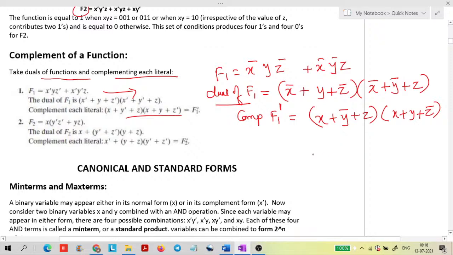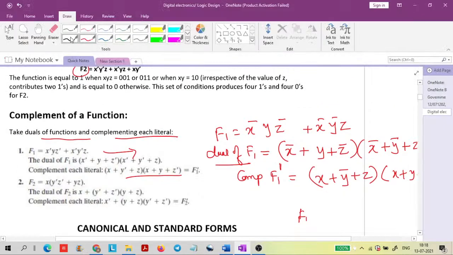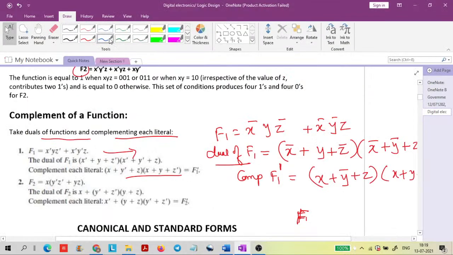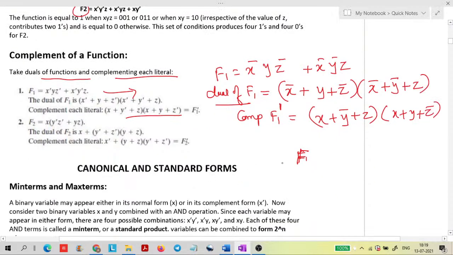Or you can use, for example, here f1 is the function x bar y z bar plus x bar y bar z.